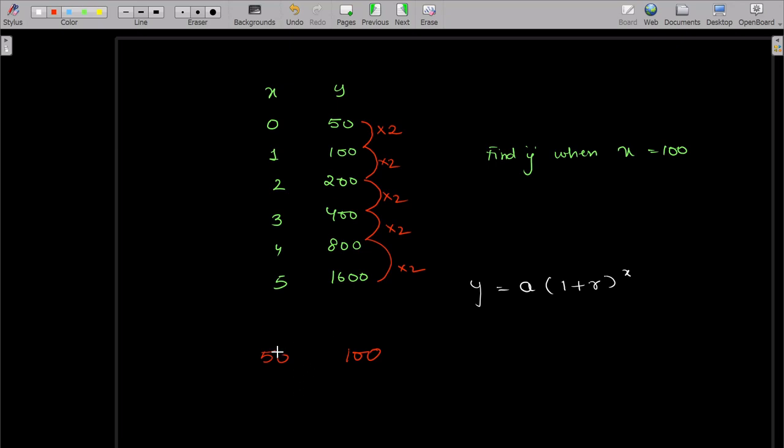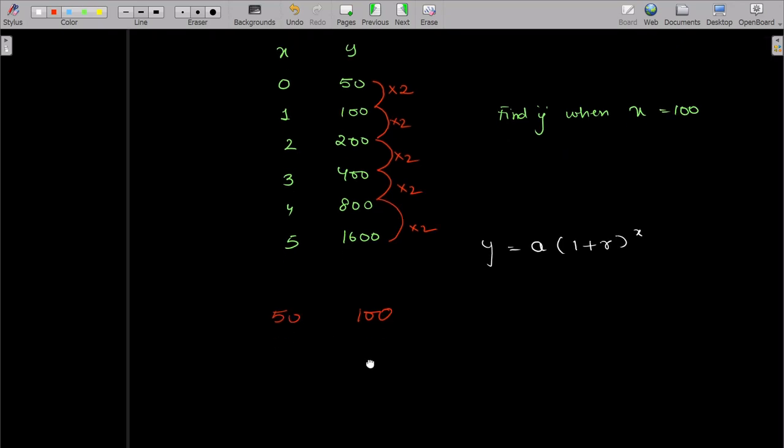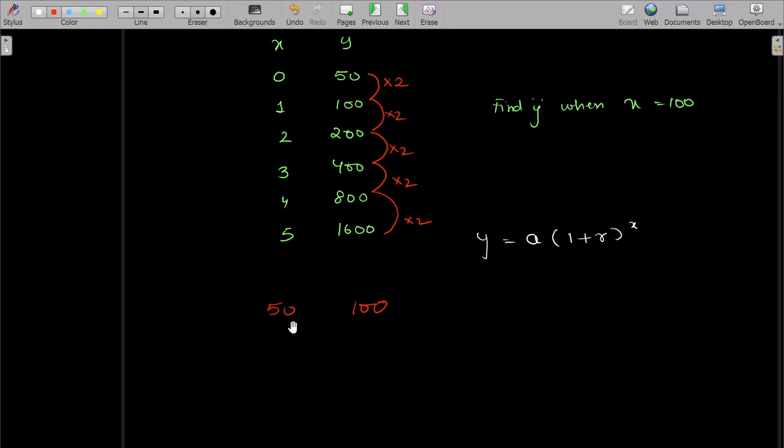Well, I know 50 times 2 equals 100. No, how do you find out the percentage change if you have two values? Let's say you have these two values and you have to find out what is the percent change that has happened.